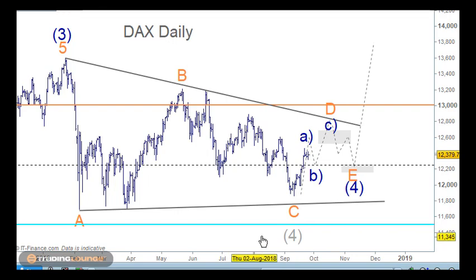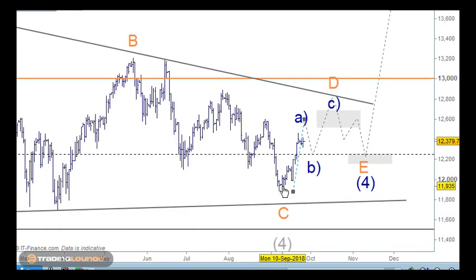So our main thing today is to really just look at this wave A here. Wave A in Elliott can be in 3 waves or 5 waves, and I'm assuming it's going to be 5 waves because we've got wave 1 and 2 here. The wave 3 here is long and strong like a wave 3 should be.